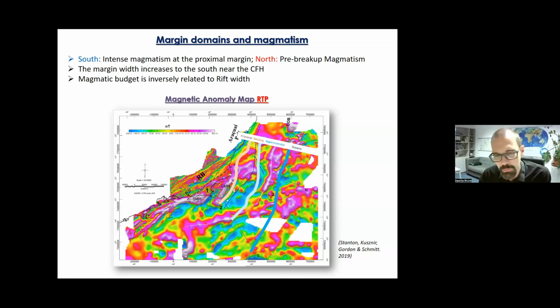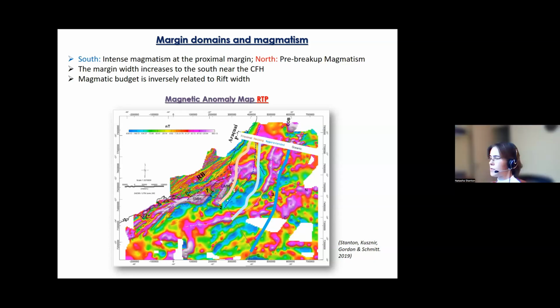Yeah, this could be one reason, but there could be several other reasons. And there's not much time to discuss this here, but in 3D models, we see that there can be along strike variations, even though there are no rheological variations along strike. Yes, it's true.